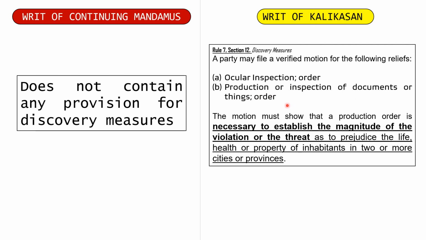The requirement of Section 12, Rule 7 is that the motion must show that these orders are necessary to establish the magnitude of the violation or to establish the magnitude of the threat as to prejudice the life, health, or property of inhabitants in 2 or more cities or provinces.